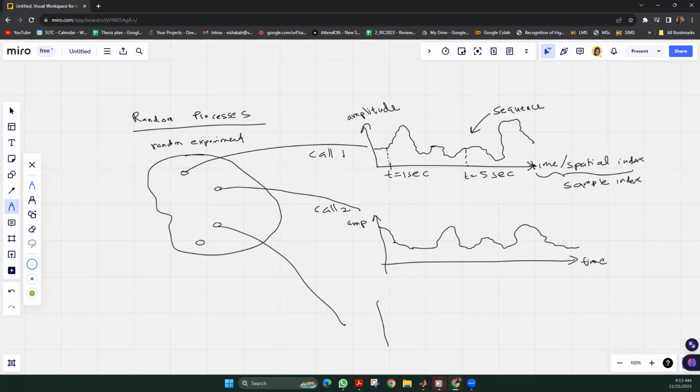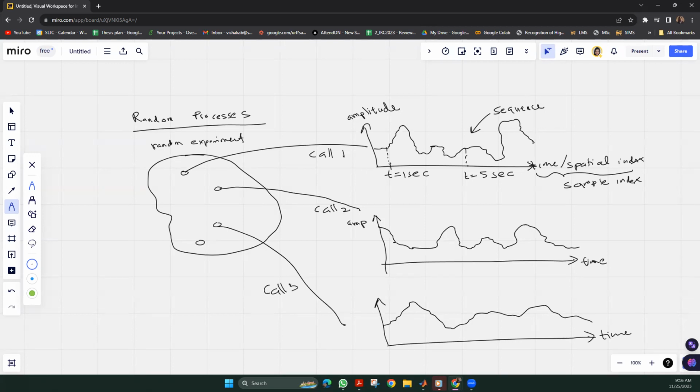Likewise, we will be able to plot multiple sequences of outputs for different calls. If we take the third one, we will have another random signal as the signal strength. So if somebody wants to analyze this system, they can analyze it in the time domain, or else they can also study it across all the different calls.